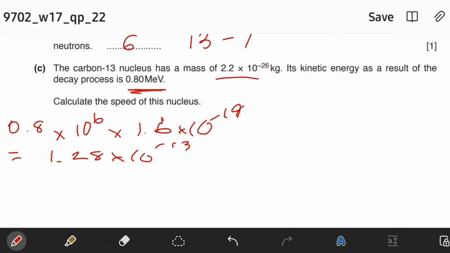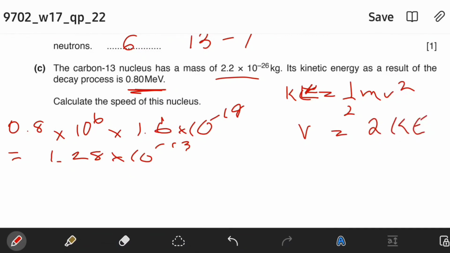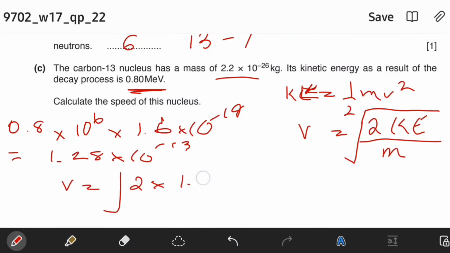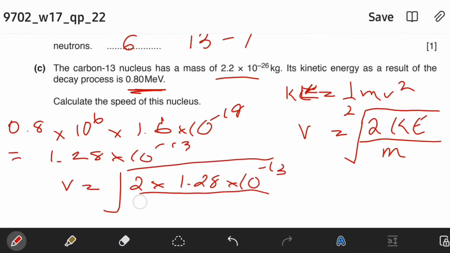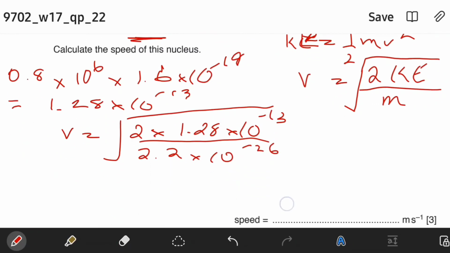We need to find speed, so let's rearrange the formula of kinetic energy. Half mv square, v would be 2KE upon mass and the whole under root. So under root 2 into 1.28 into 10 to the power minus 13 over mass, which is given. Just need to plug in the values, and the final answer is 3.4 into 10 to the power 6 meters per second.